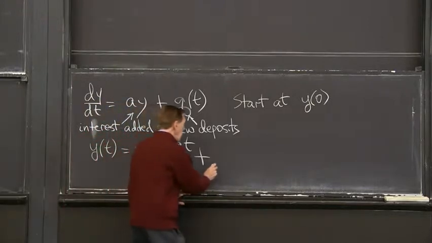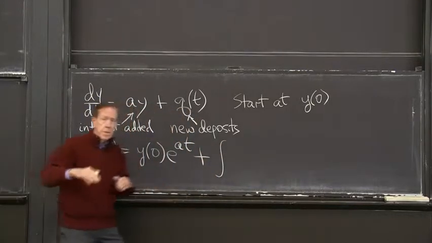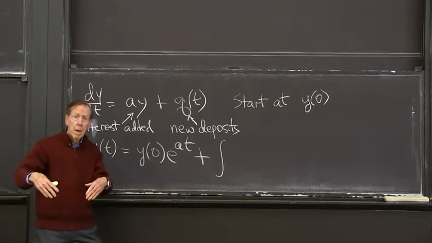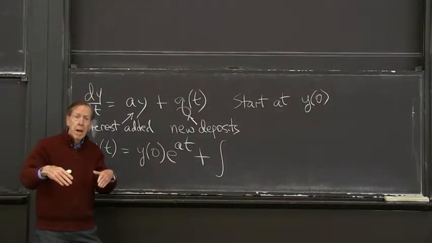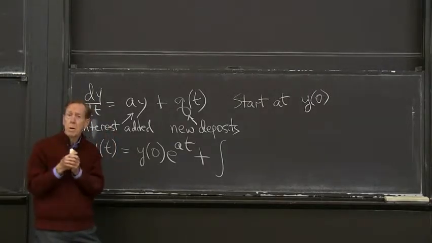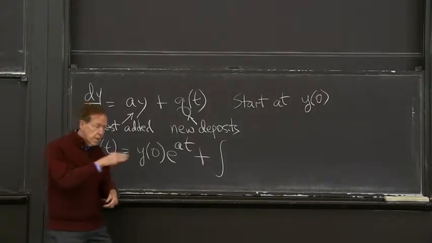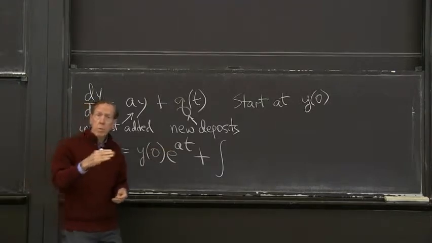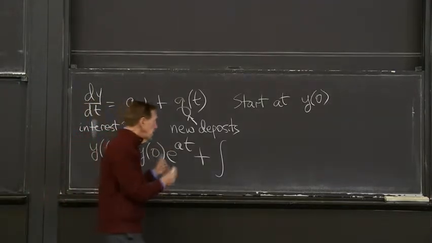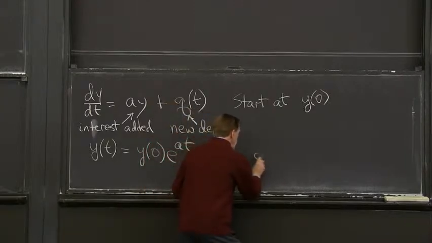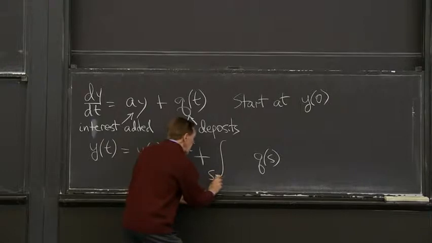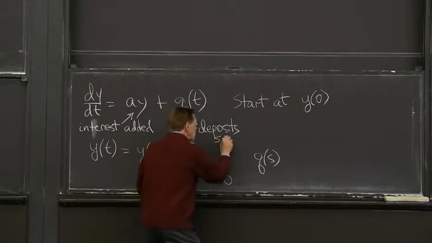So here's the formula. Each deposit goes in at some time, and then once you've made the deposit, it's going to grow exponentially. It will grow over the remaining time. You make deposits at any time s, between s equals 0 and s equals t.